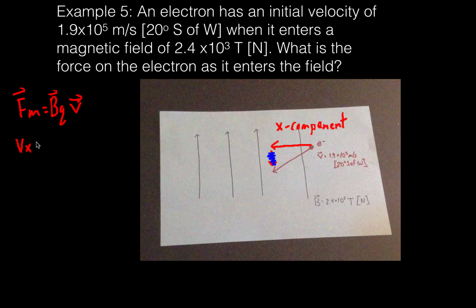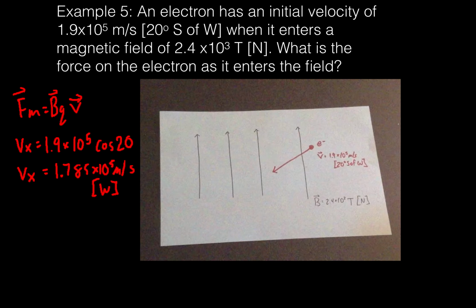The x component of the velocity is given by the velocity times cosine of 20. So the electron's velocity in the x direction is equal to 1.785 times 10 to the 5 meters per second in a direction west.